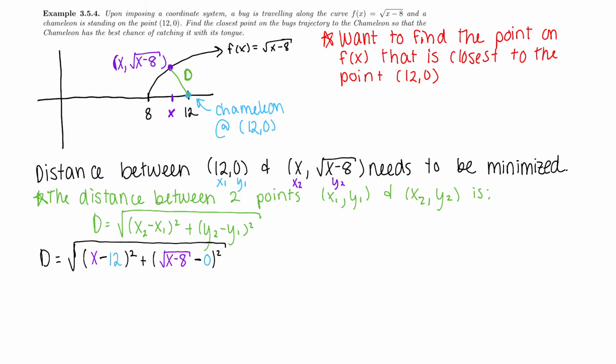So this last part over here is just going to end up being the square root of x minus 8 squared. And if you square a square root, you just end up with x minus 8 there. Over here, this part right here would need to be FOILed.